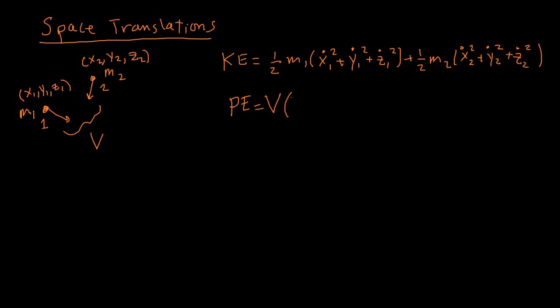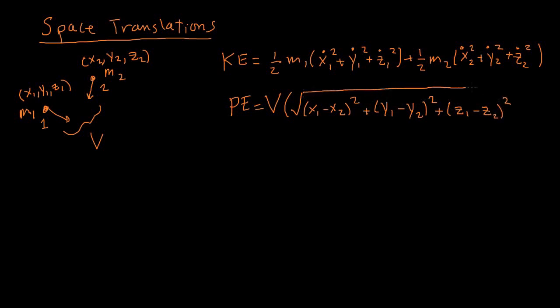So we're not going to say exactly what V is, but we're going to say that it's only a function of the distance between the two particles. And what's that? Well, it's the square root of (x1 minus x2) squared plus (y1 minus y2) squared plus (z1 minus z2) squared.